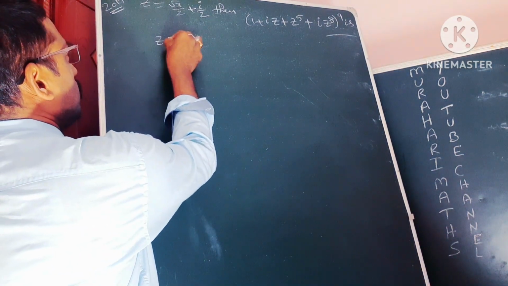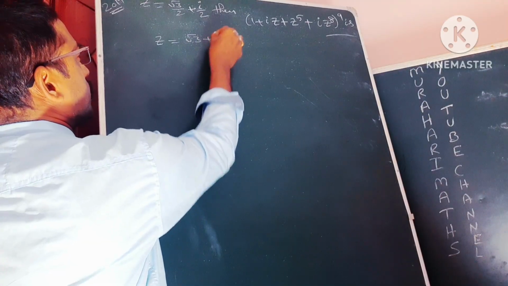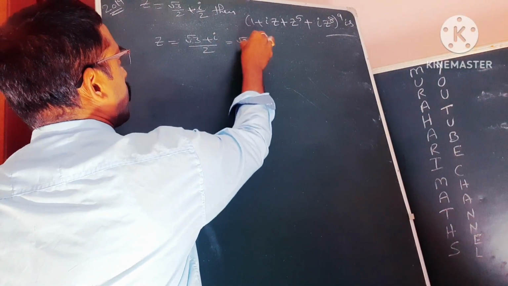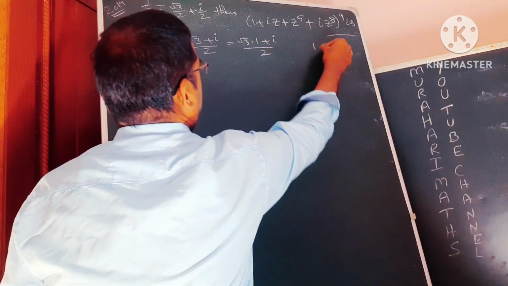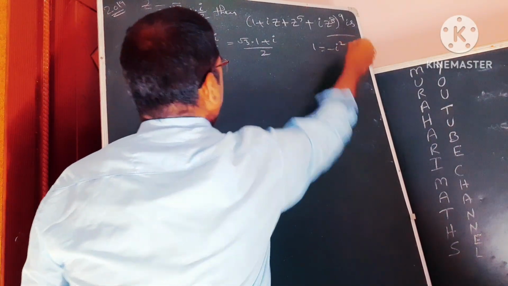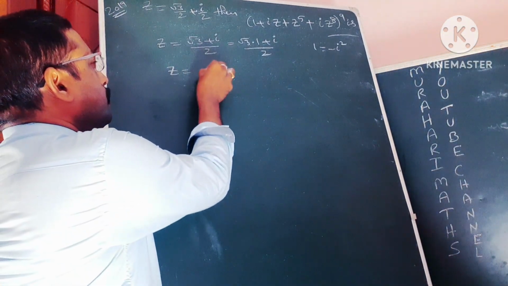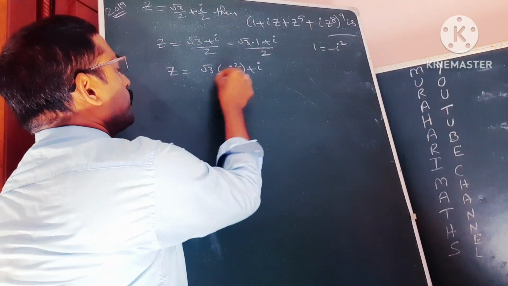Z is equal to root 3 by 2 plus i by 2. This is root 3 into 1 plus i by 2, right? So 1 is nothing but how much here? Minus i squared. Now it is going to be root 3 into minus i squared plus i by 2.